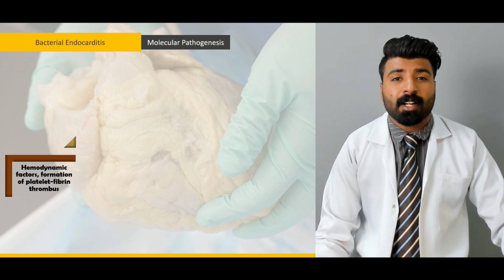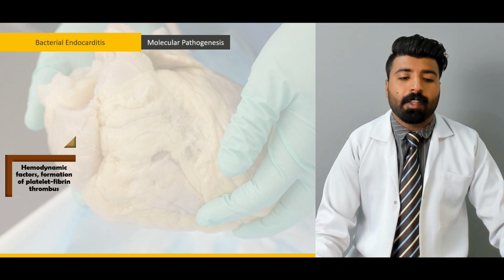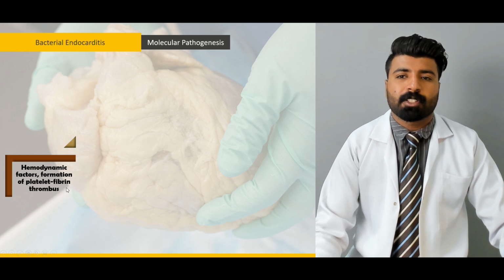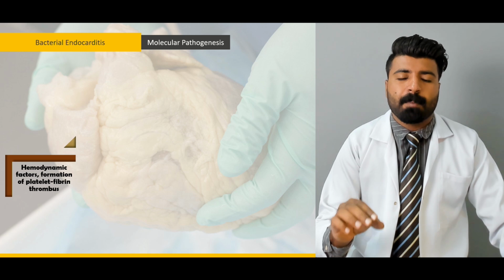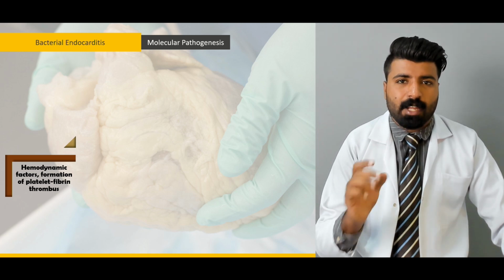When it's affected by that kind of pathology, platelets and fibrin will be activated, and they are going to attach to that place specifically. Platelet fibrin thrombus will develop at that point.